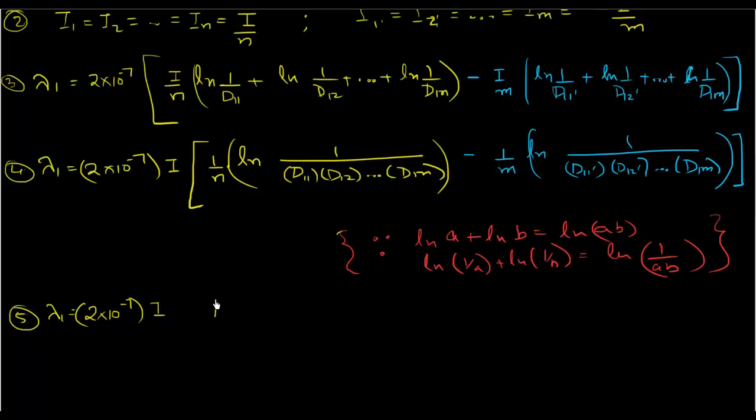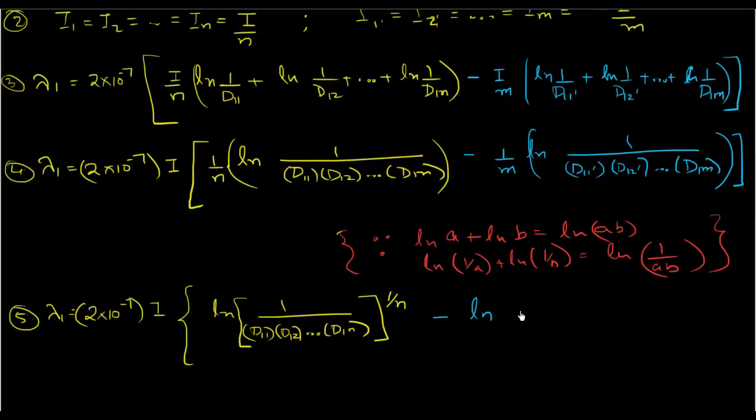I, and then you have ln of 1 over all of these terms, d11, d12, so on all the way over to d1n, and this to the power 1 by n, and now your second term is going to be similarly minus ln of 1 over d1 prime, d12 prime, so on all the way up to d1m, and all of this to the power 1 by m.